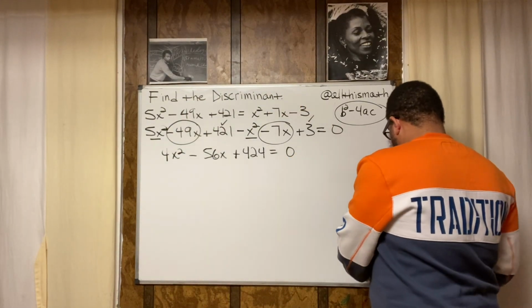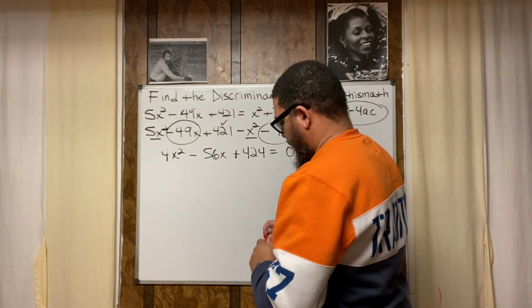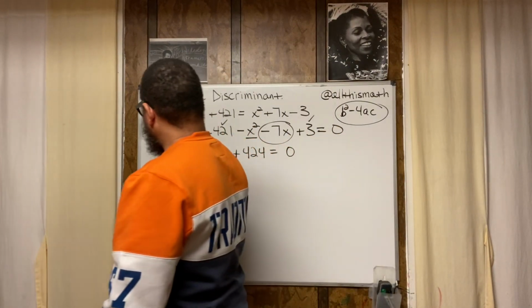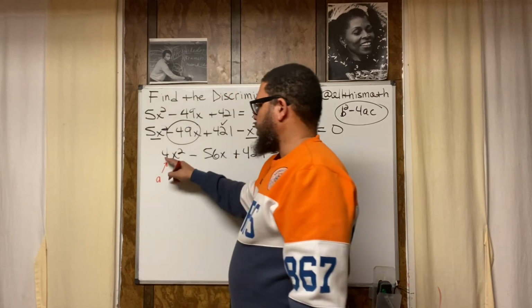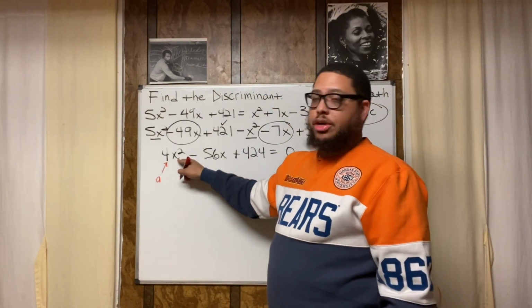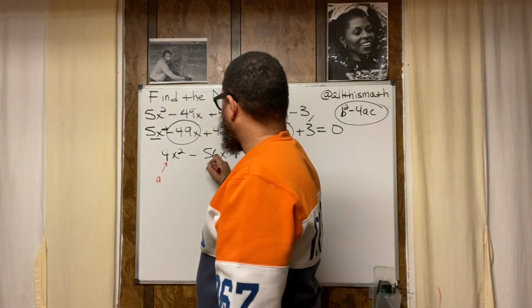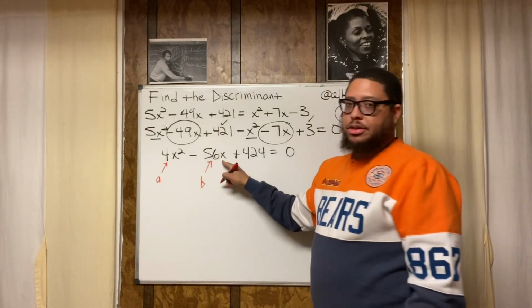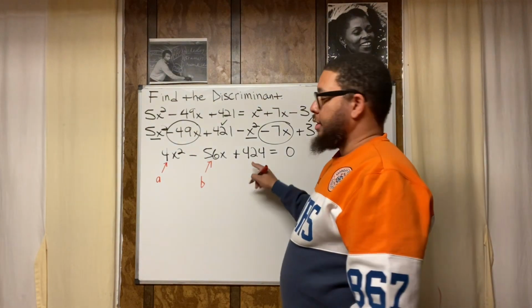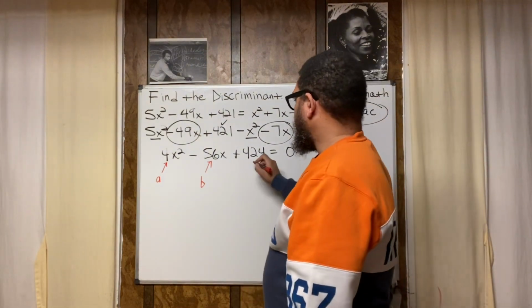Let me switch the color up for you real quick. So this right here is your A value. Always. The A is connected to the x squared term. This right here is your B value. The B is connected to the x term. And the constant that's by itself, that's your C value.